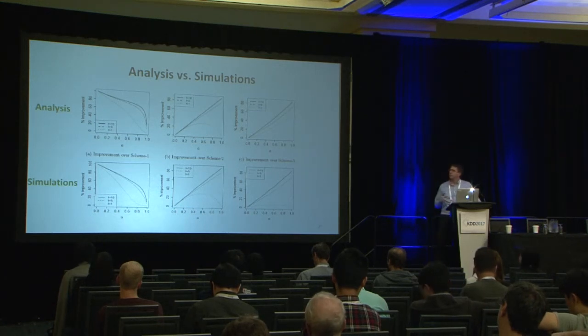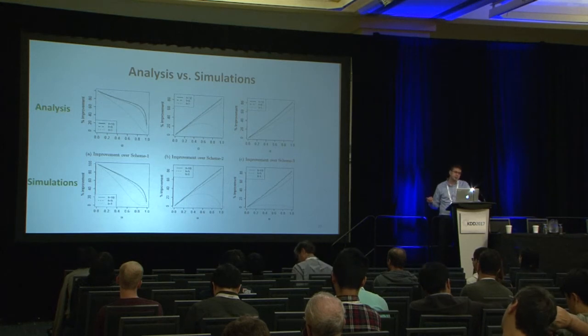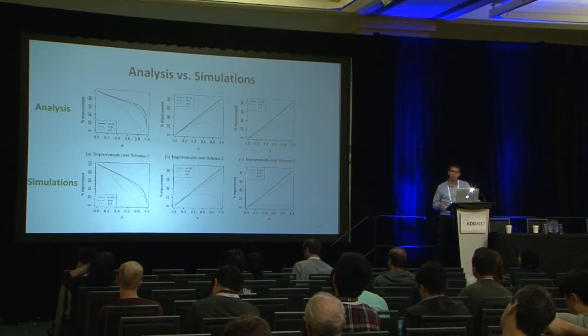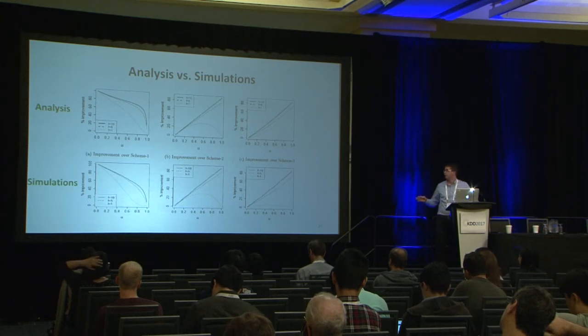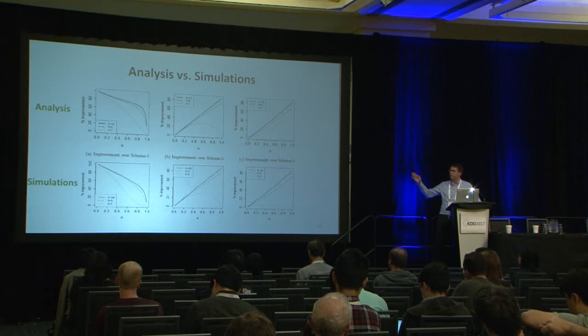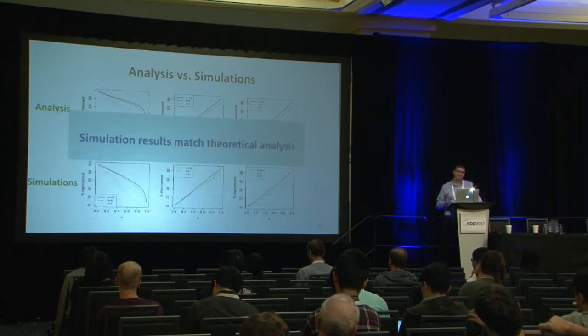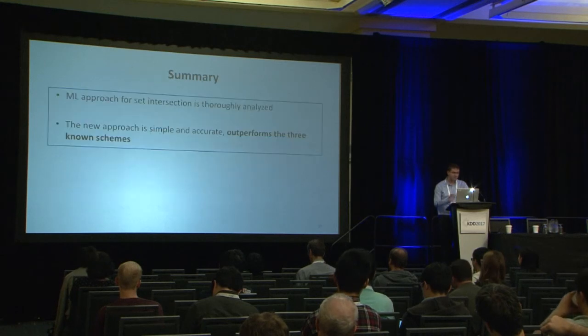So first we can see that also according to the analysis, our new scheme always outperforms the 3 schemes for all intersection sizes and ratio sizes between B and A. More interestingly, we can see that there is very much agreement between the graphs of the analysis and the simulations, showing that the simulation results match the theoretical analysis very much.